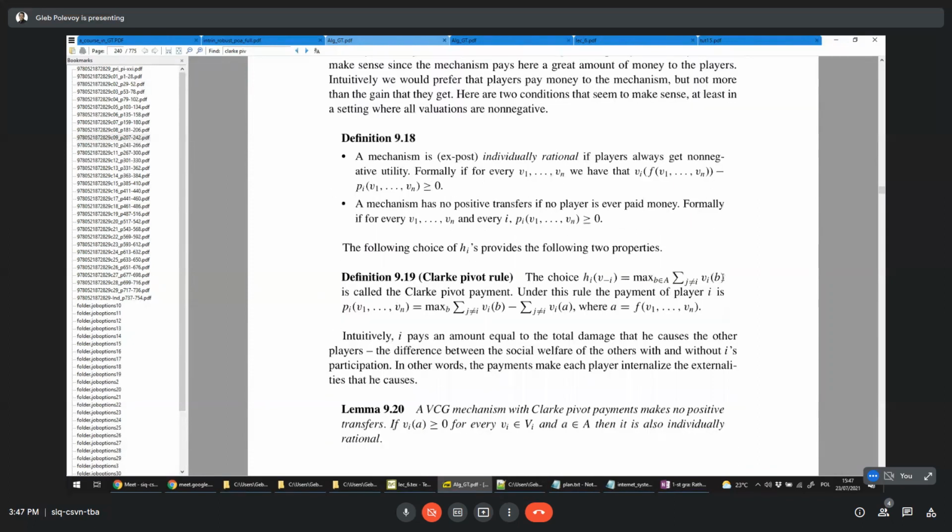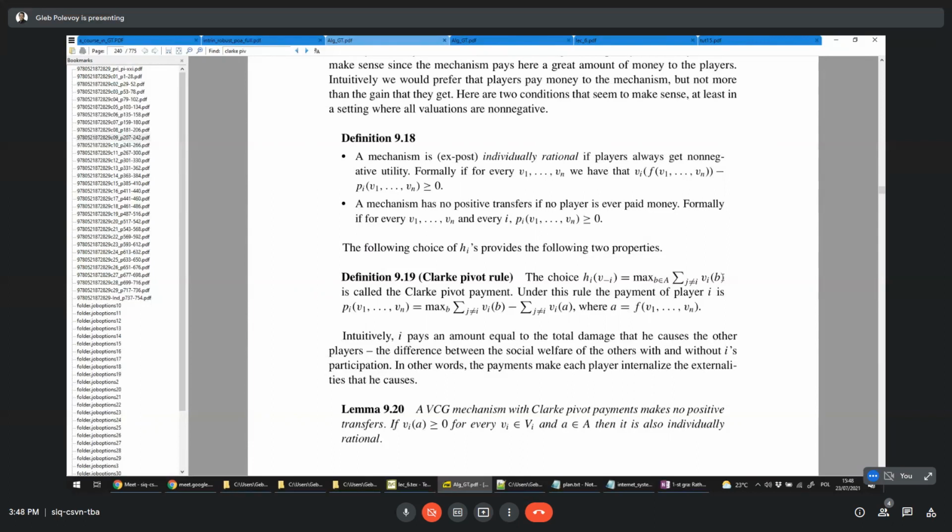If you choose h to be constantly 0 for simplicity, that won't satisfy requirements like that the mechanism does not pay the users, which is called no positive transfers, and that it's ex post individually rational.